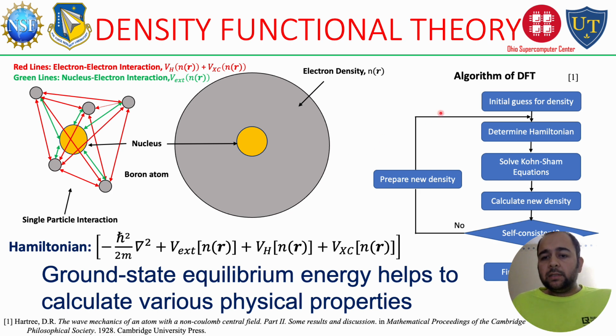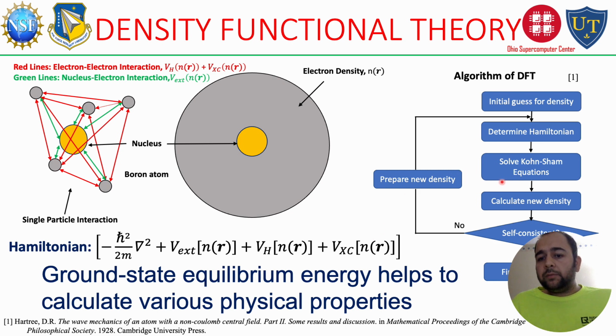So how we do this is, we just said that instead of using different electrons as point particles, we can use electron density as a single entity. Since we are hypothesizing that electrons can be thought of as a single entity, we should guess that at first, and by putting that into this expression, we can determine the Hamiltonian.